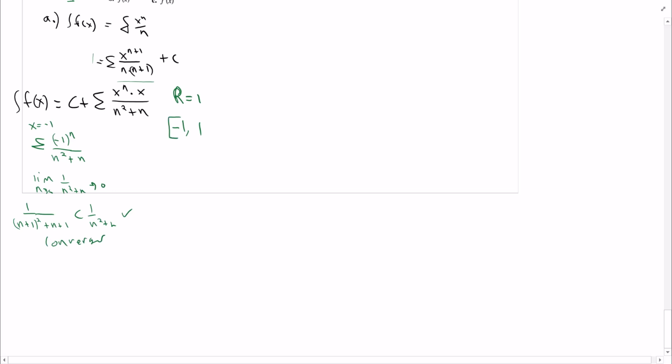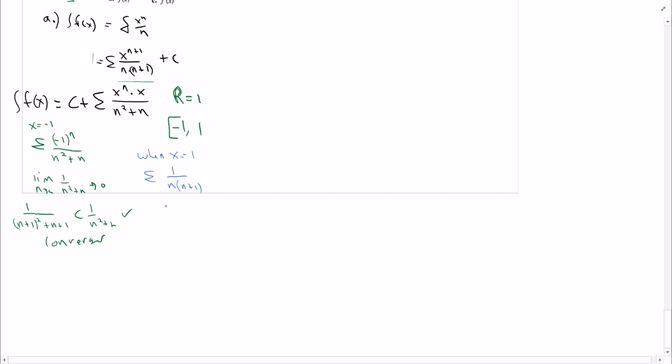And then let's check the next one. When x equals 1, we would get the sum of 1 over n times n plus 1, which again, this is not alternating, so we have to do something else.